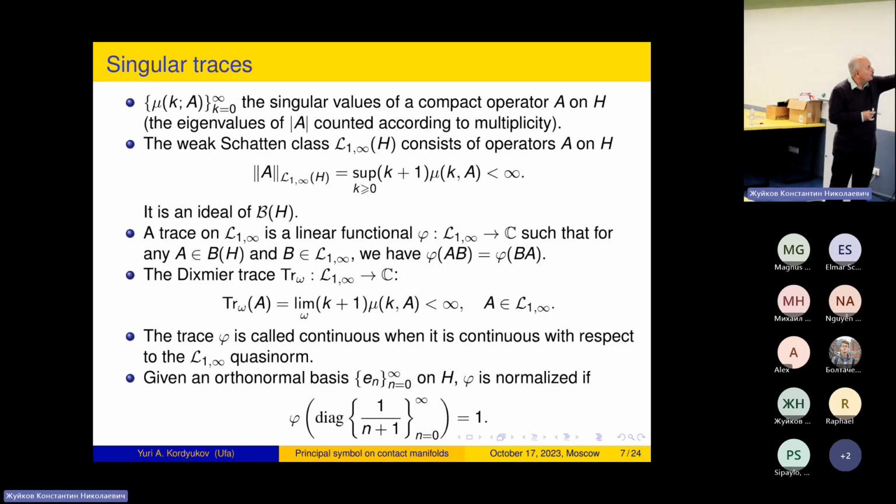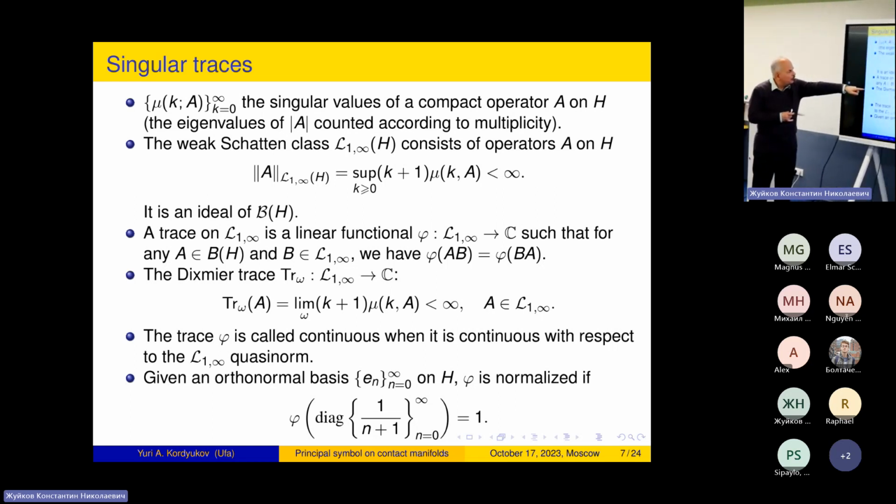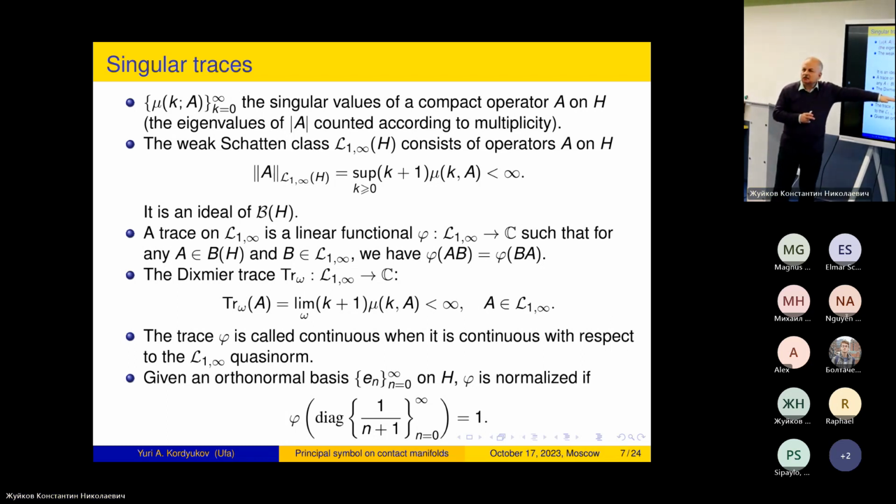We have the singular values of an operator, and by definition we know that on this space this sequence is bounded. Now we apply what is called a Banach limit, or more generally some limiting procedure, which we fix on the space of bounded sequences. For any limiting procedure, we can define such a trace.